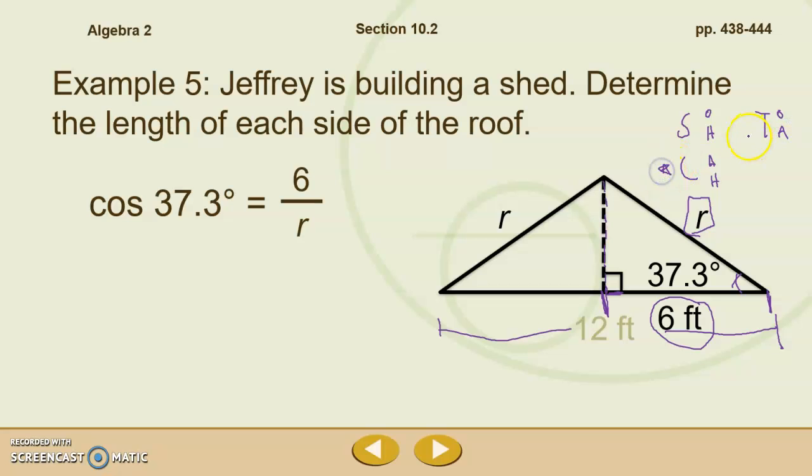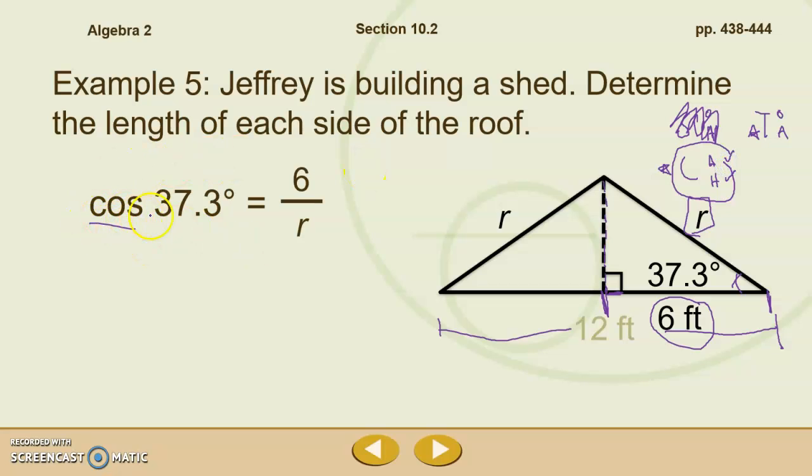Cosine and tangent both use an adjacent side. So I know I'm not going to use sine. So think about what you know, then think about what you want to know. What I want to know is the hypotenuse. Well, the only one that has both the adjacent side and the hypotenuse, the thing I know and the thing I want to know, is cosine. So that's why cosine was chosen here.